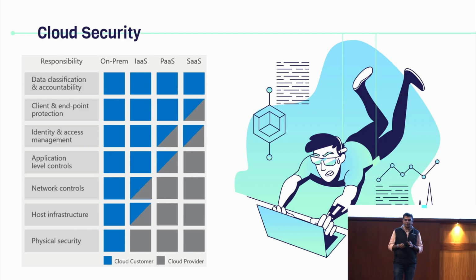If you see over here, as a cloud environment or from an application development perspective, from a responsibility perspective, whether it is on-prem, IaaS, SaaS, or PaaS, the responsibilities differ for each of these scenarios. Whether it is data classification, app level controls, or physical security, it's all different and differs for each of these environments.